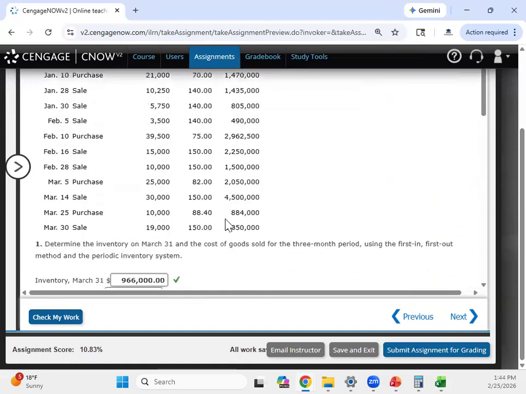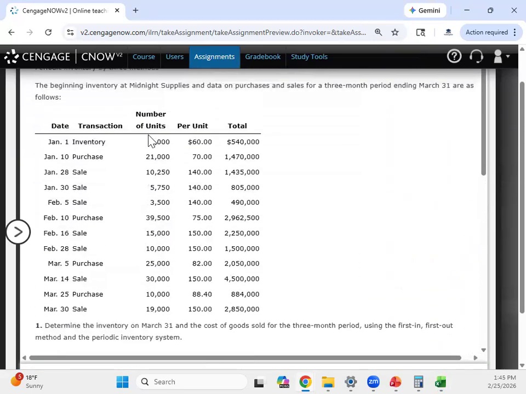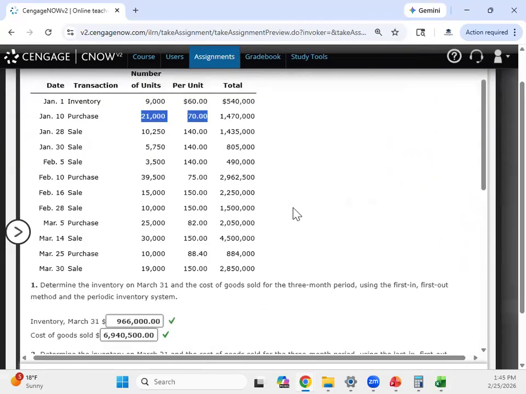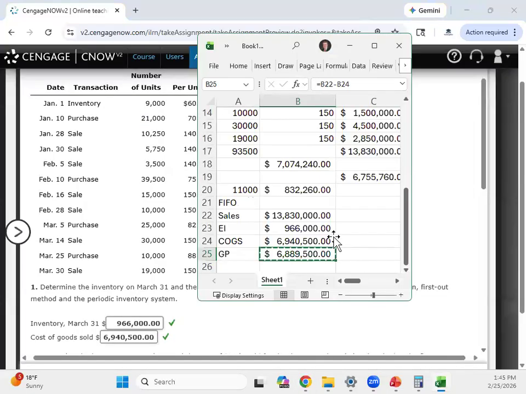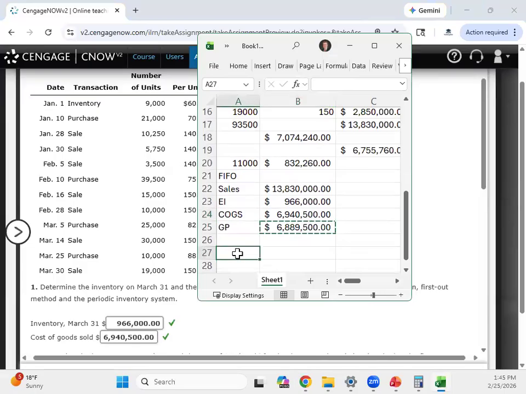Under LIFO, we have to take our 11,000 units first from the beginning inventory, which was 9,000. Then we have to take another 2,000 units from the first purchase at $70 per unit. And so we can do that on our spreadsheet here. Start a LIFO column.